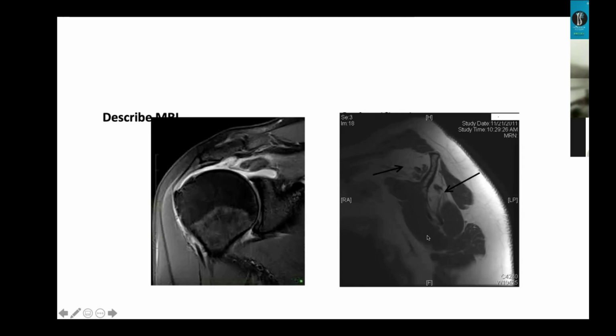So how are you going to manage this patient? The treatment starts with non-operative and then escalates to operative. You have to take into consideration age, activity level, and the findings on scan.